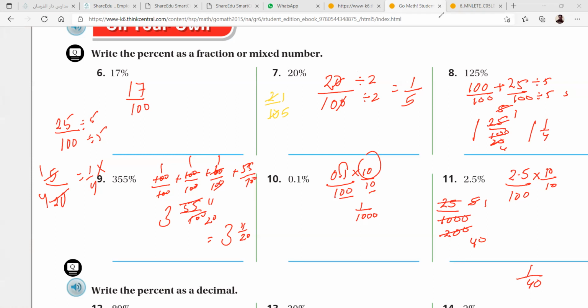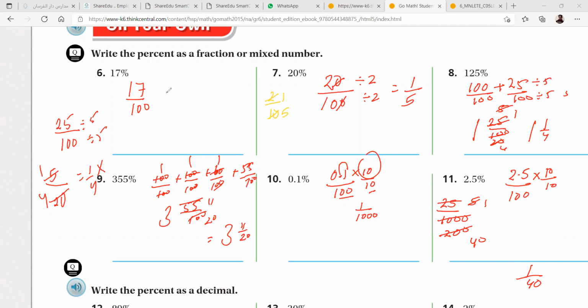Miss, why didn't we do question number 17? We are coming down. We just did till 11. Miss, I mean question number 6.